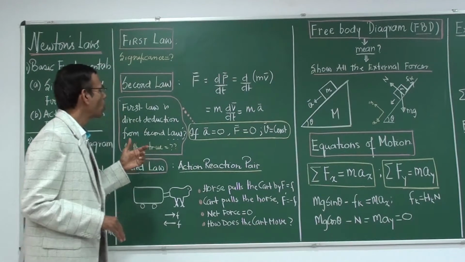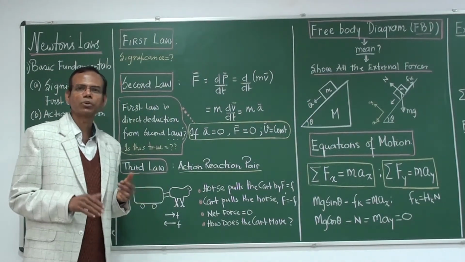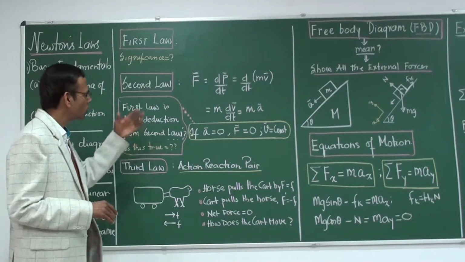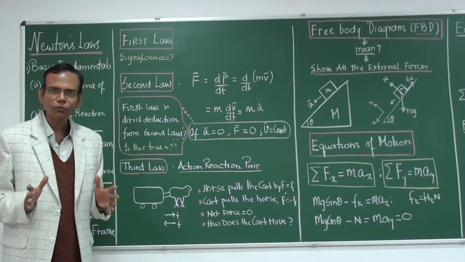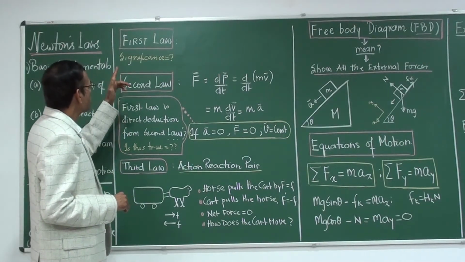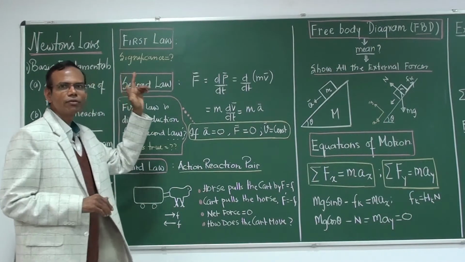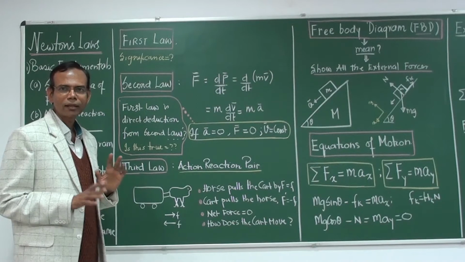Then what is the significance of the first law? This is a very popular question, often asked. So I thought let us revise this concept so that each one of you should know this. Any answer?